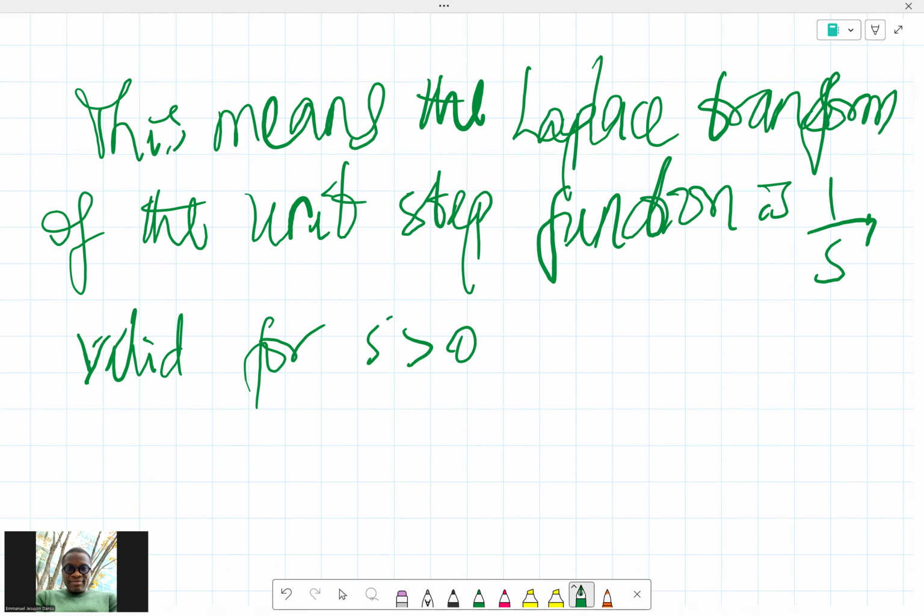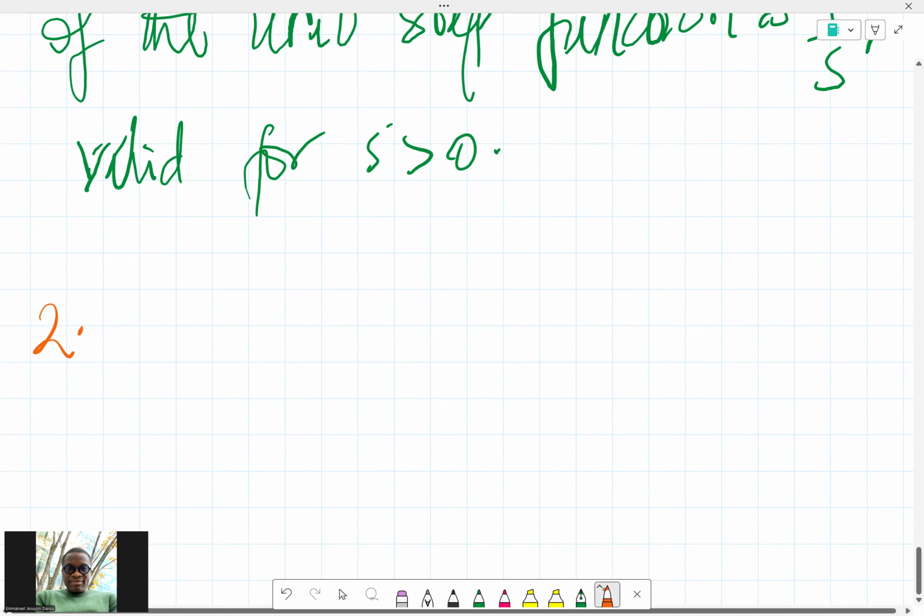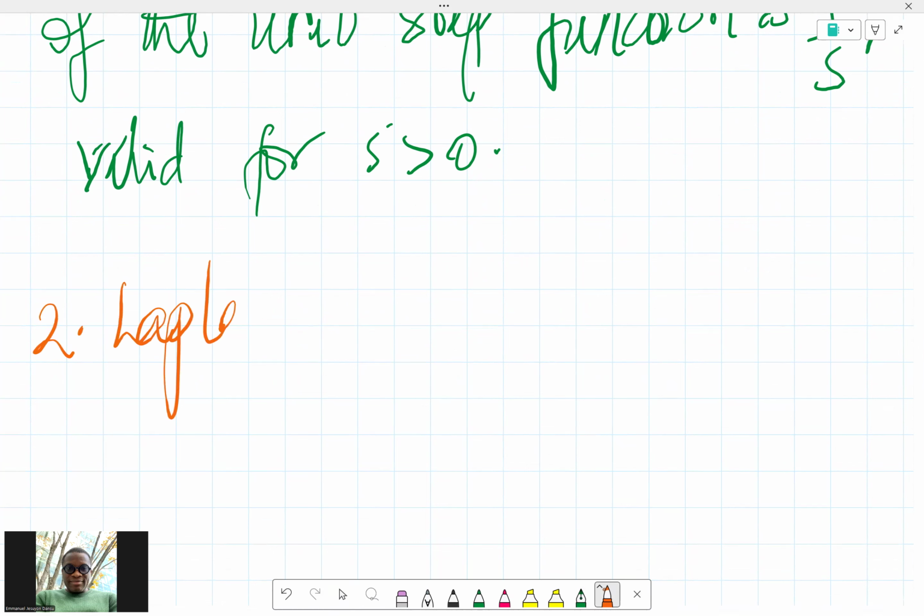So let's talk about the Laplace transform of the shifted step function.